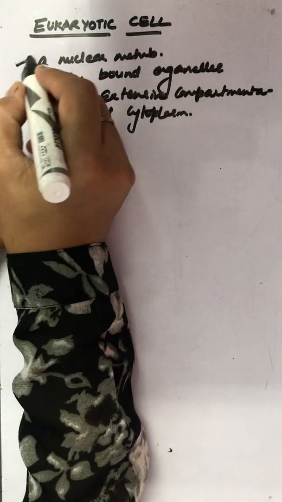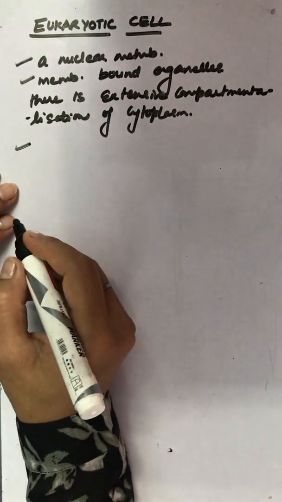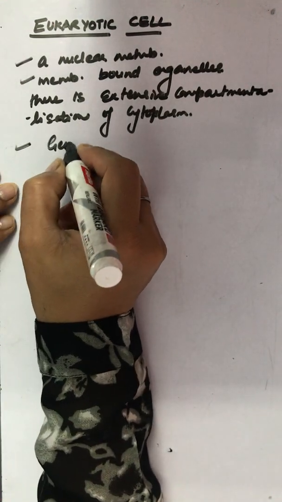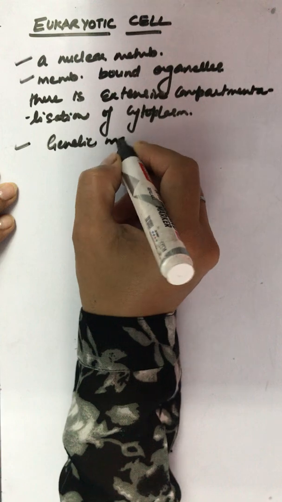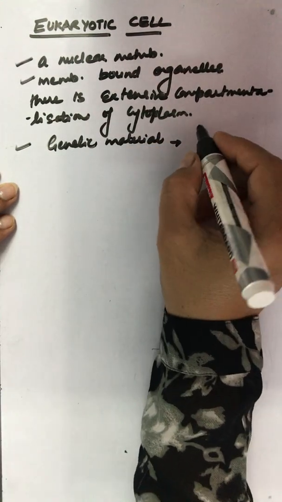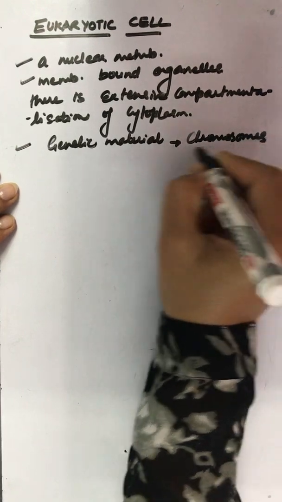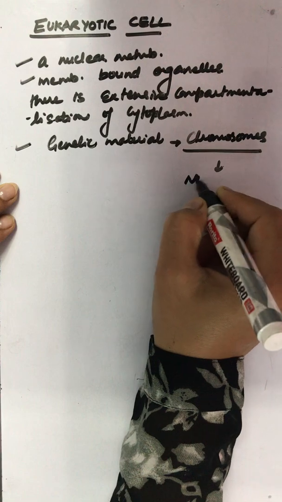All right, first point and second point, and thirdly we see their genetic material is arranged in the form of chromosomes, and these chromosomes lie in the nucleus.